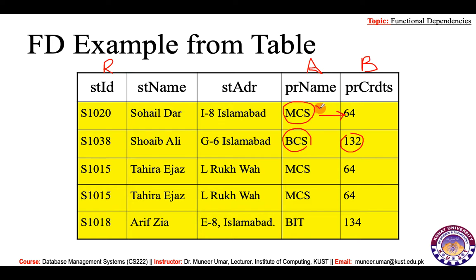If there is MCS anywhere under A, then under B it would be 64. We can say that A determines B, or B is dependent on A. So this thing is called functional dependency.